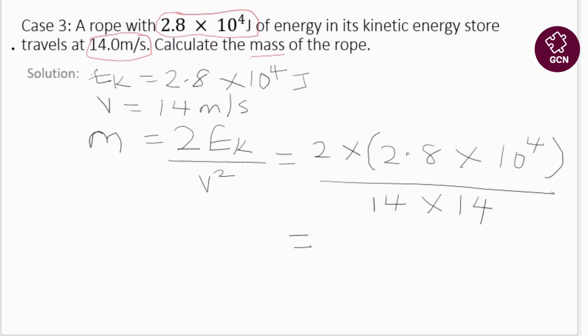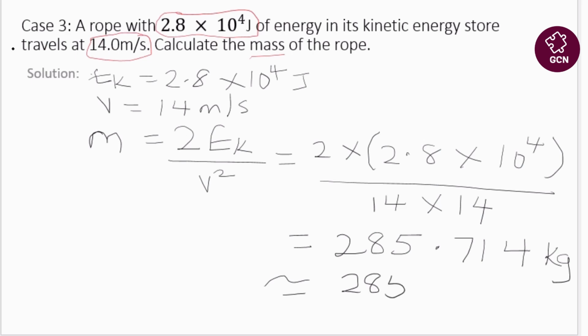So by the time we multiply this, we have 285.714 kilogram because it's mass. Mass is in kilogram. So if we approximate this, we have 285.71 kilogram. This is to 2 decimal places.